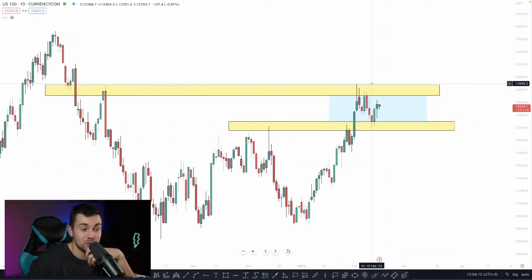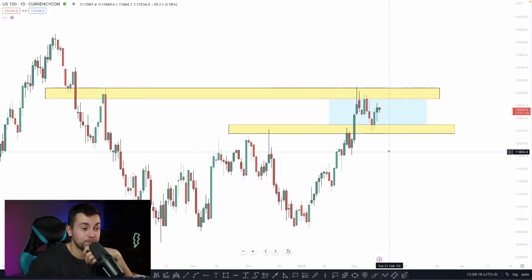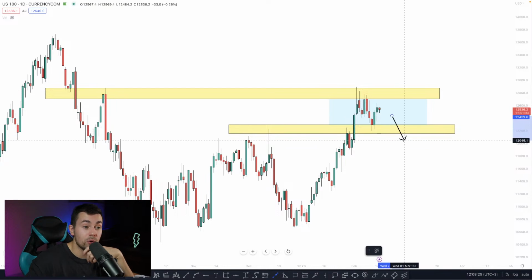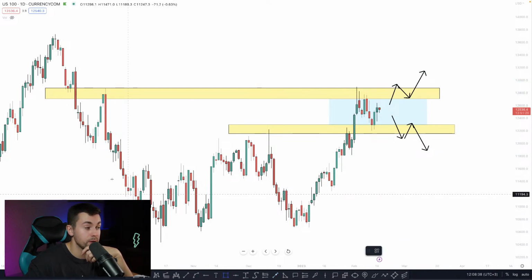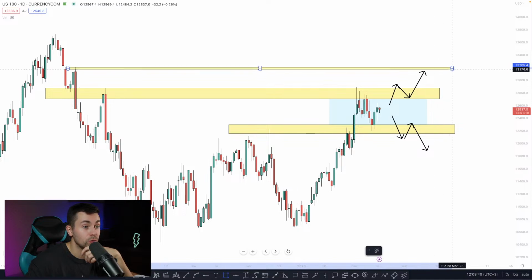We have a very strong resistance from one side, and from another, we have a very strong support. So what we will look for right here is always a breakout. A bearish breakout of that support will most likely push the price lower, and we will expect a bearish movement. However, a bullish breakout of the resistance will push the price higher, and our next resistance will be right here.